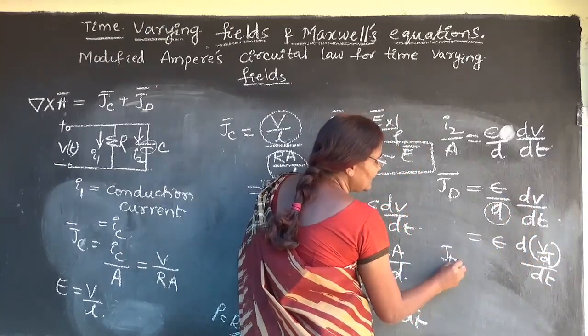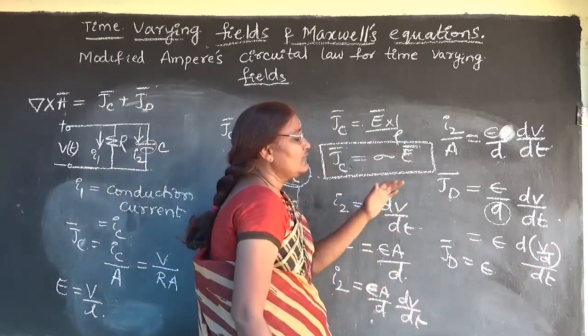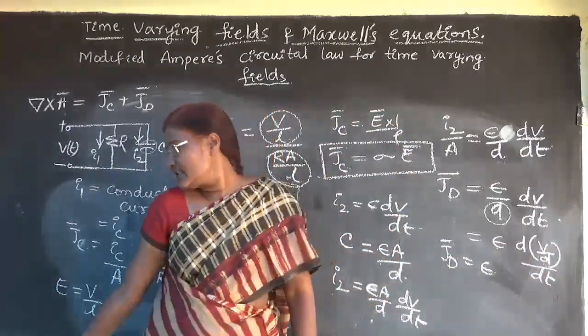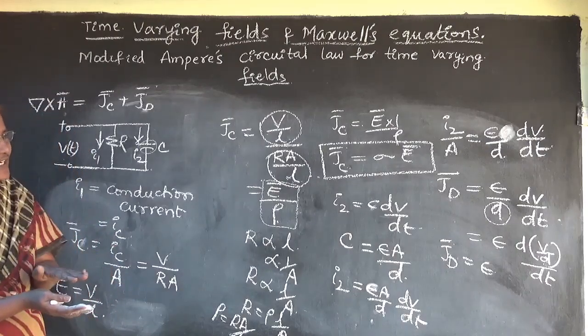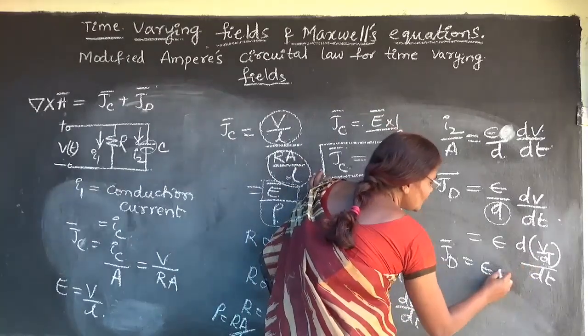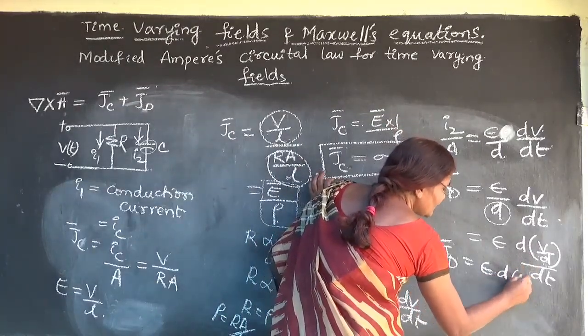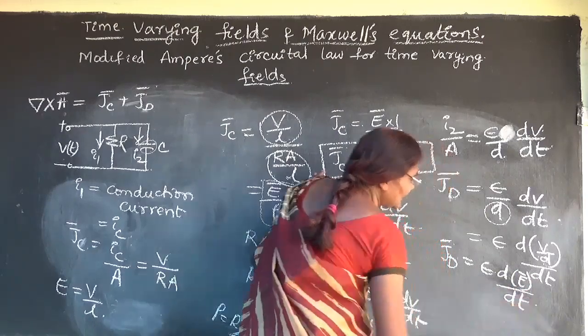So J_D bar is going to be epsilon, and what is V by d? In the previous topic we have learned that voltage by some distance or length will be given as E. So it is going to be epsilon dE bar by dt. I can write like this.